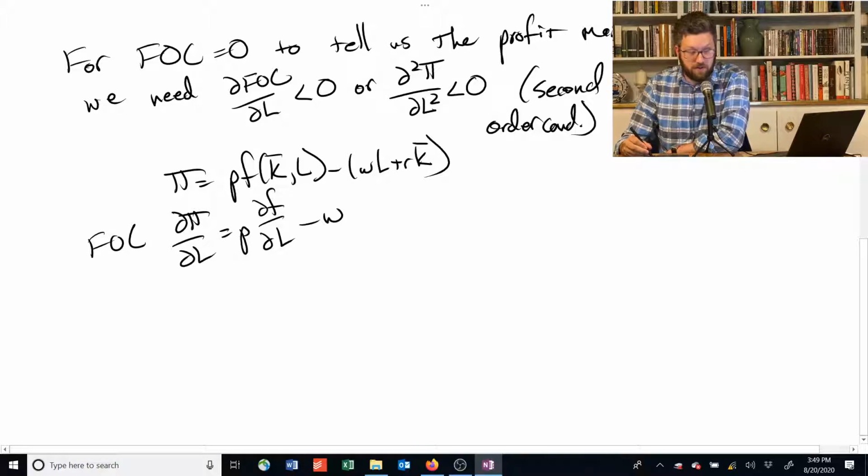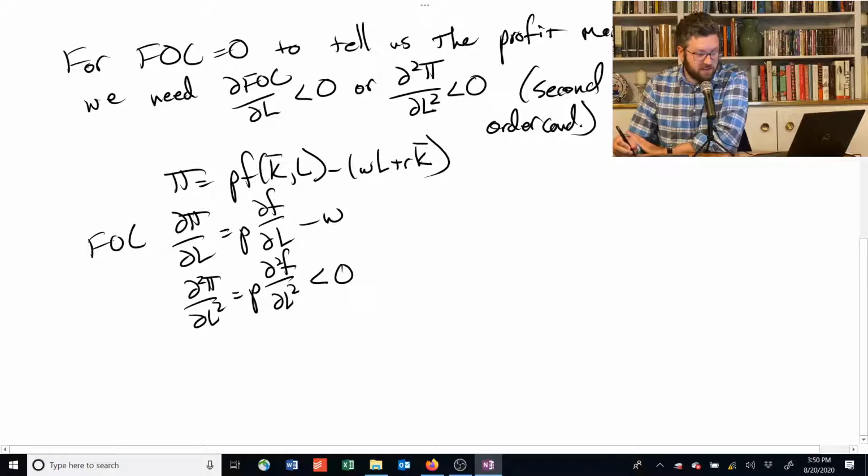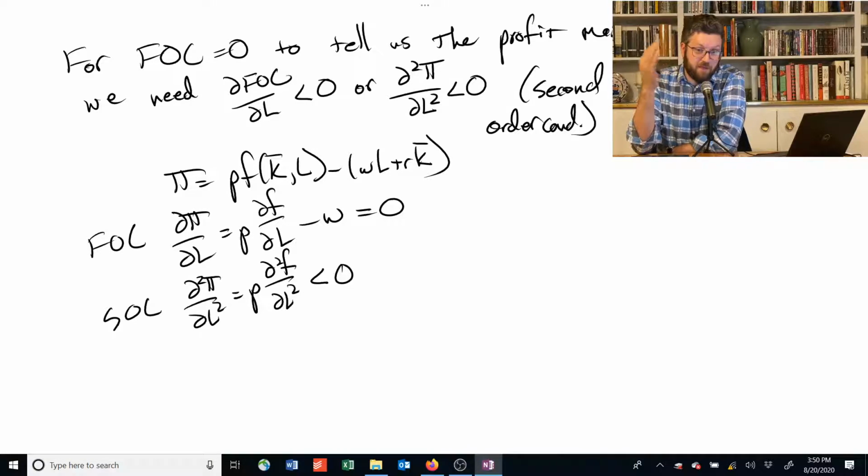Now we're going to take the derivative a second time. And we have to take the derivative of this, so this becomes a second derivative. And the derivative over here is 0. There's no labor around, okay? So if this one is less than 0 and this one is equal to 0, we can be confident that basically we found the profit maximizing point, okay?